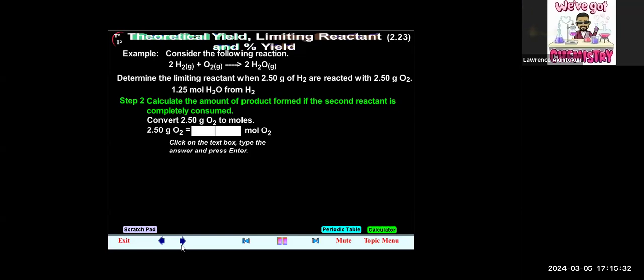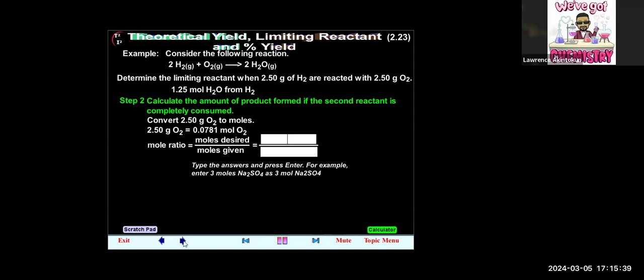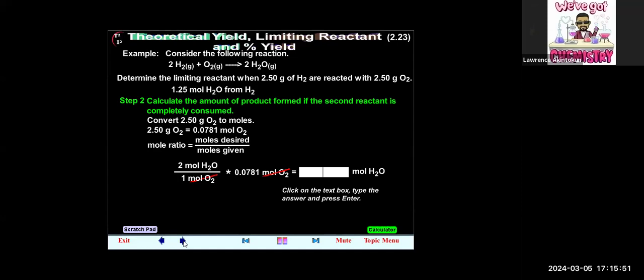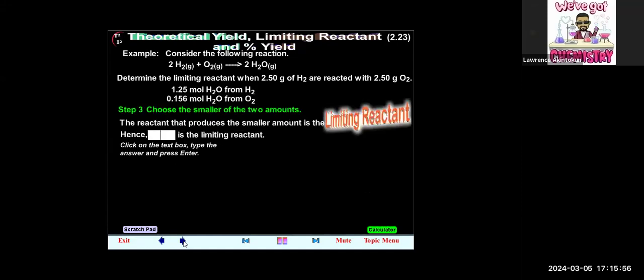The second reactant, which is oxygen, the same process, the same way. So the limiting reactant is O2.